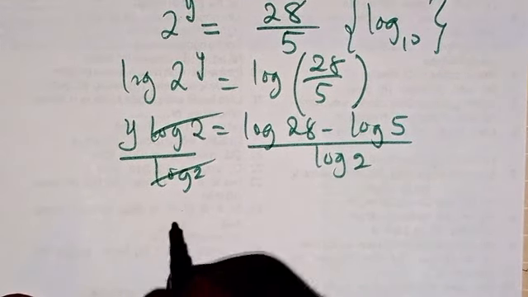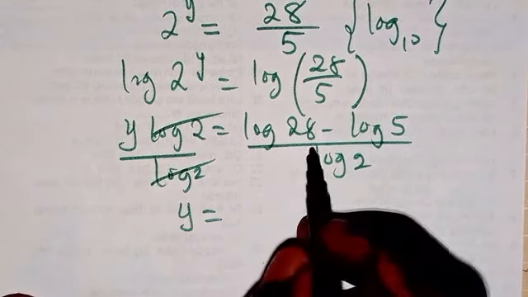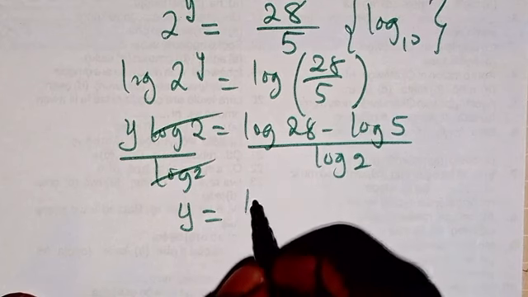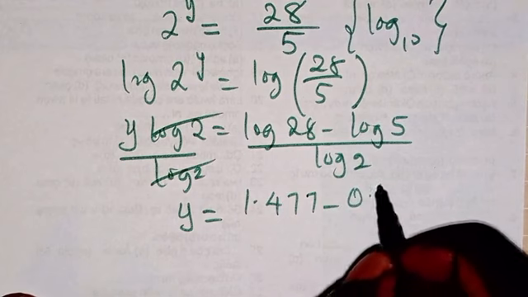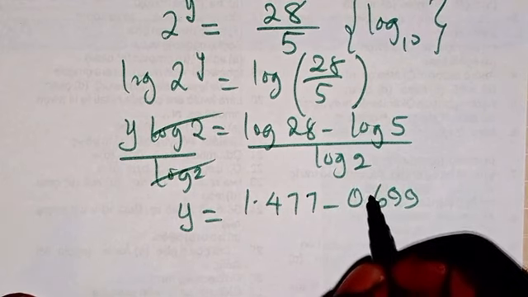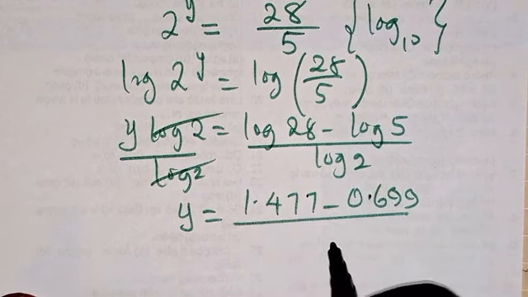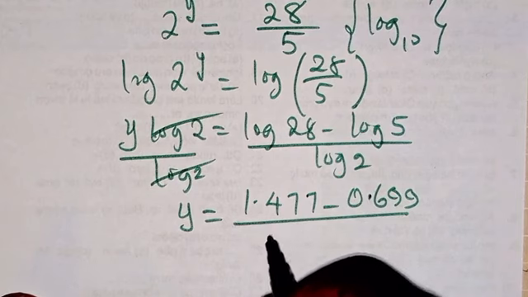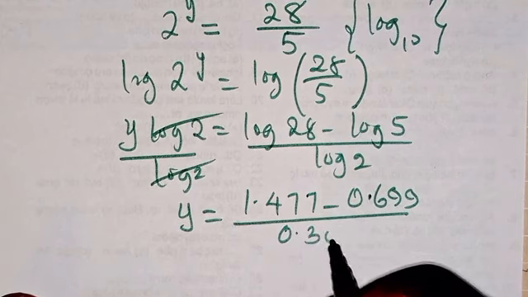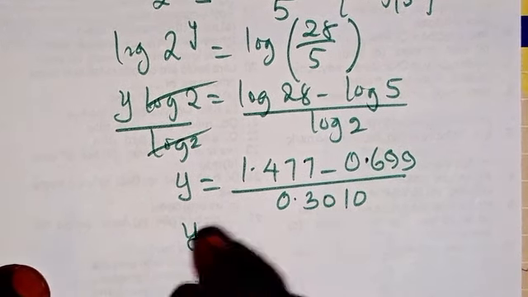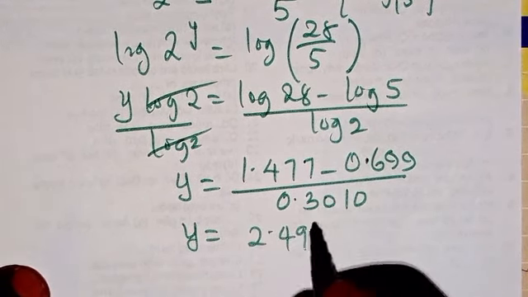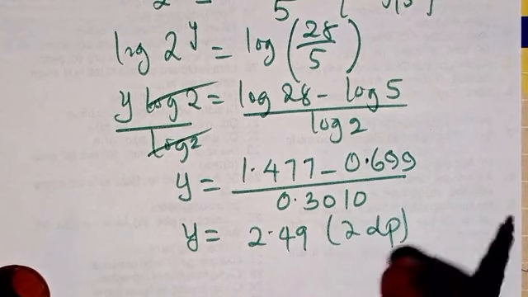So now y is equals, log 28 gives us 1.447 minus log 5, 0.699, then divided by log of 2, which is 0.3010. So finally we have y also to be 2.49, approximately to 2 decimal places.